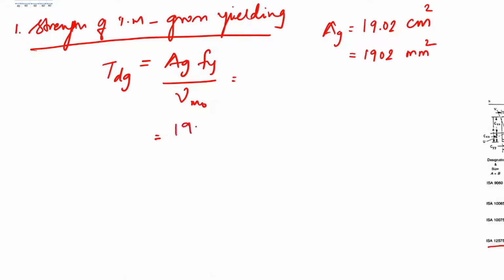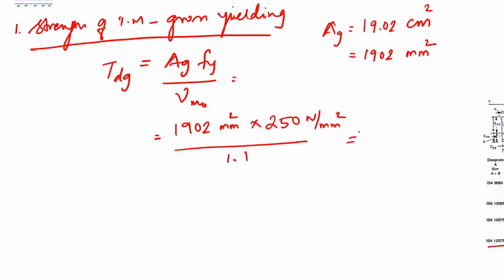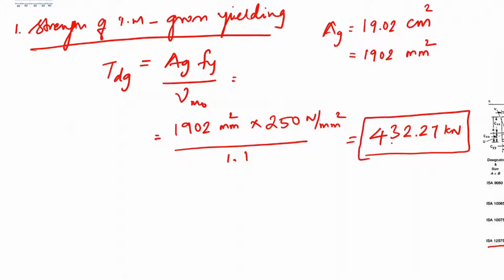Gross area is 1902 mm square, and yield stress of mild steel is 250 Newton per mm square, upon partial safety factor gamma m0 of 1.1. If you substitute all the values, you will get 432.27 kilonewton. That means this is the strength of the tension member in gross yielding, Tdg. Similarly, we need to find the strength due to rupture.